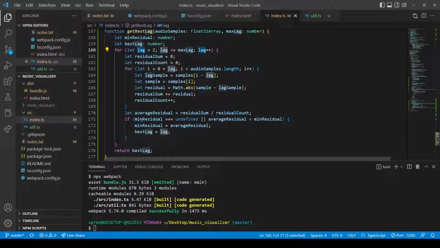Okay. If min residual is undefined, or average residual is less than min residual. Okay. So why would 2 always give us the best? Why would 2 always be the best?